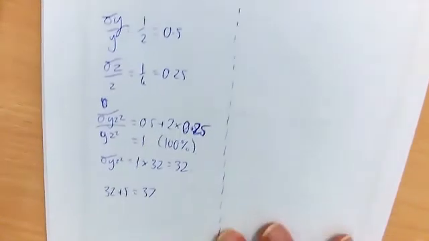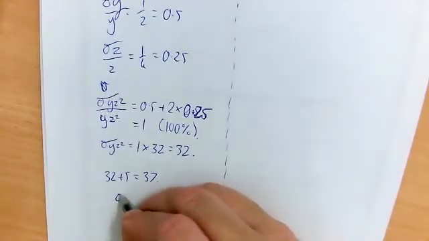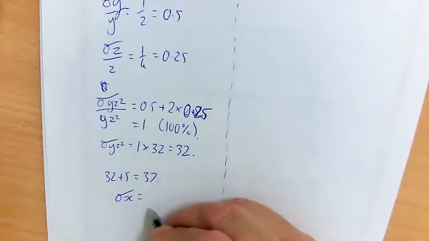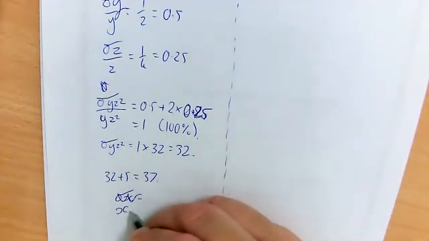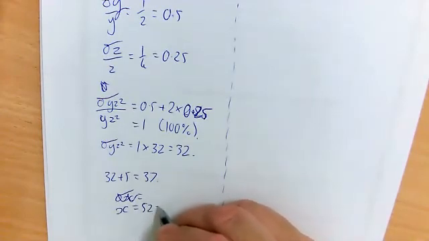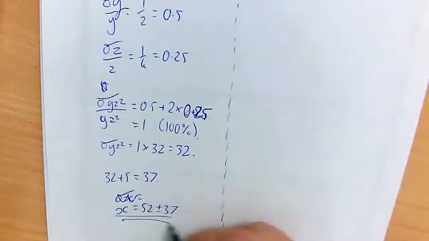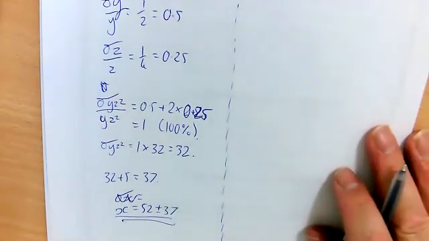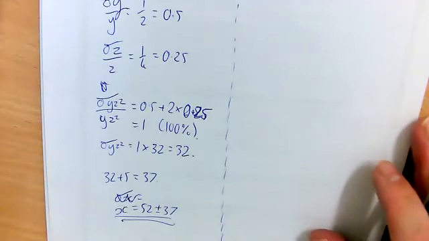So in other words, the uncertainty in x is going to be plus or minus 37. So if I said that x was going to be 52 plus or minus 37, which is quite a high uncertainty, but then that sometimes happens in science.